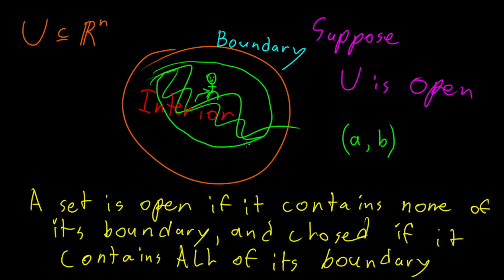So basically, if you own half the boundary, then it's neither open nor closed, because you own some of it. You would have to own none of it for it to be open, or all of it to be closed.